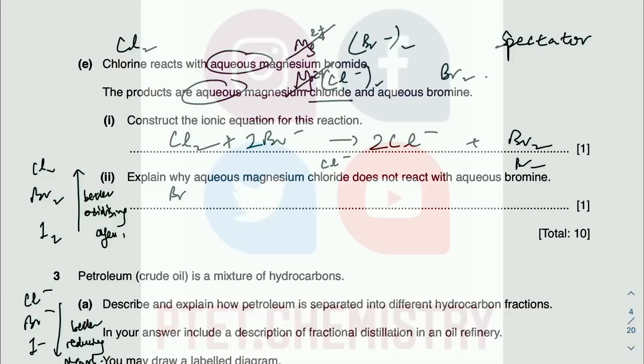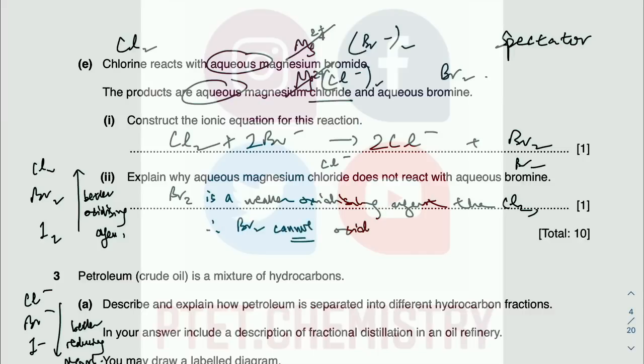So bromine is a weaker oxidizing agent than chlorine. Therefore, bromine cannot oxidize chloride to chlorine. So the wording really is very tricky. We're talking about the halogen being the oxidizing agent. Therefore, you cannot form the other halogen from the halide itself.